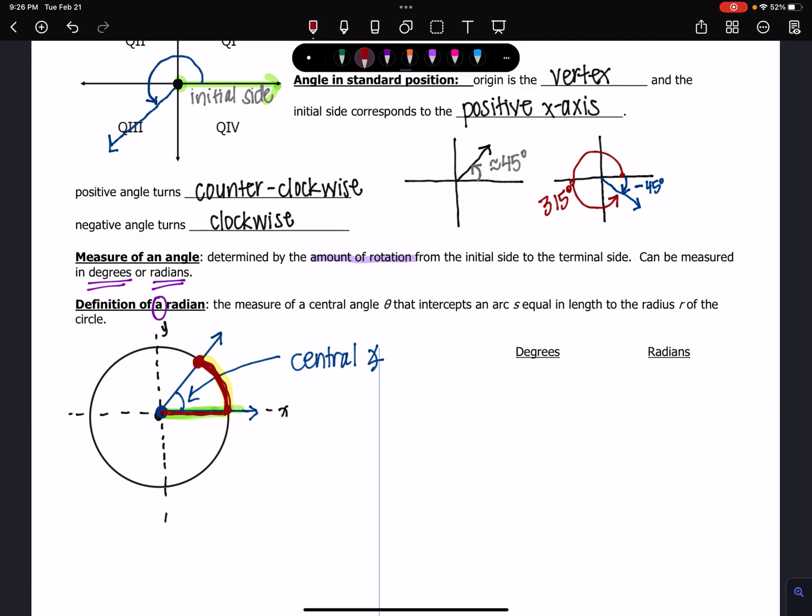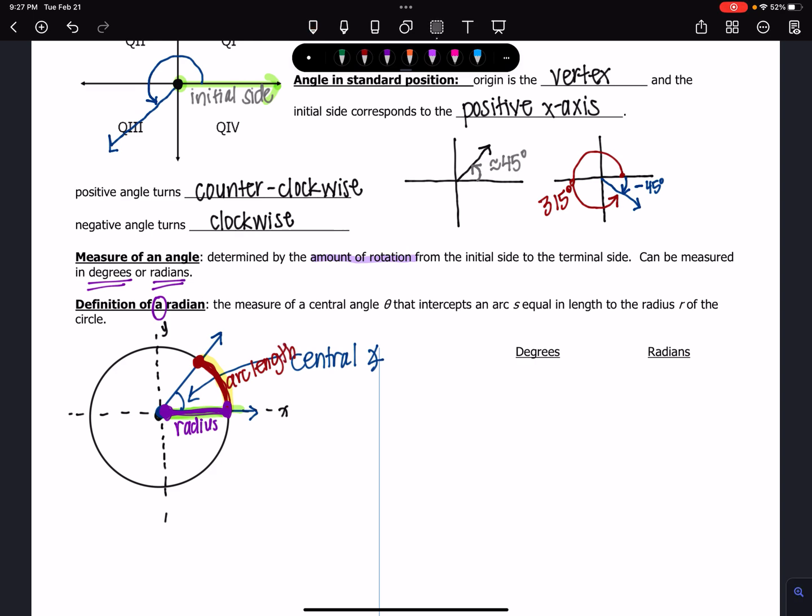So I could take that red string, measure out that arc from beginning to end, cut the beginning, cut the end, and whatever the length of that string is, I could take that same piece of string and stretch it out from the center of the circle to a point on the circle, which would be the length of the radius, and they would be equal. So the radius would equal the arc length.